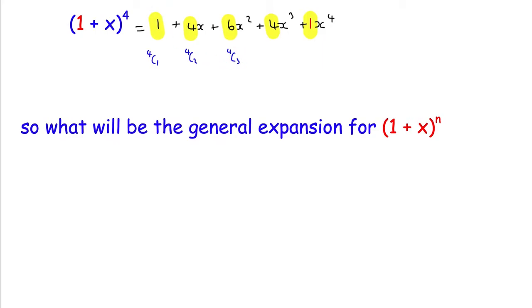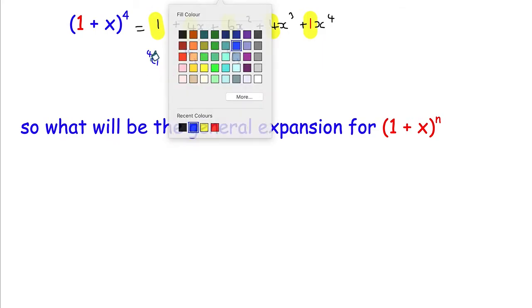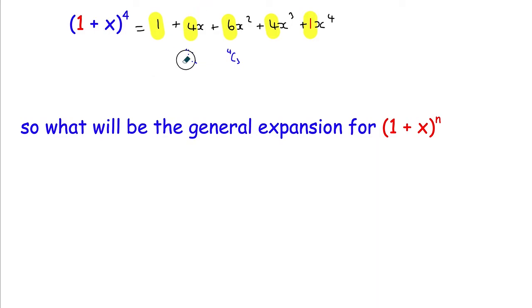Sorry, no it's not. That's a lie. This is 4C0. Oh my goodness. 4C1, 4C2, 4C3, and 4C4. Okay, so what difference will it make if we do 1 plus x to the power of n now?